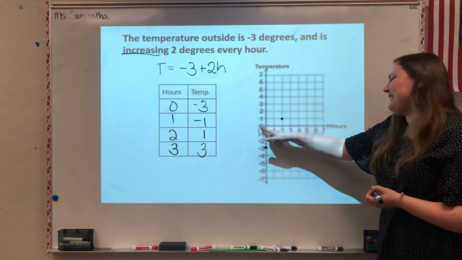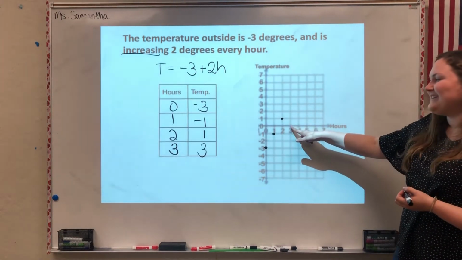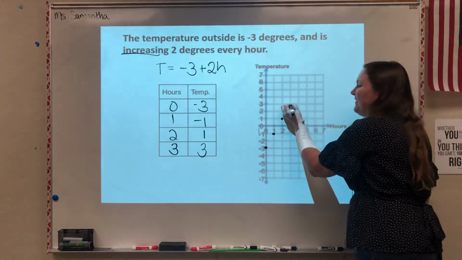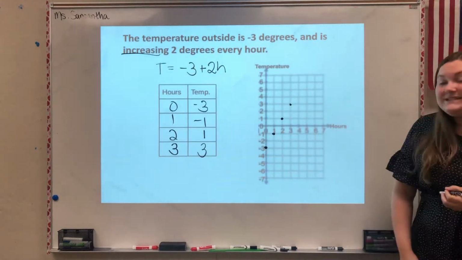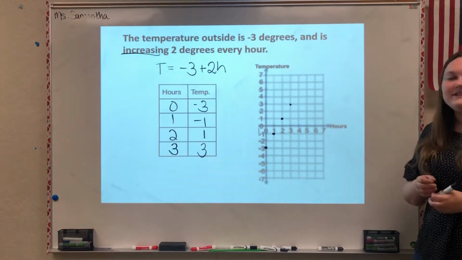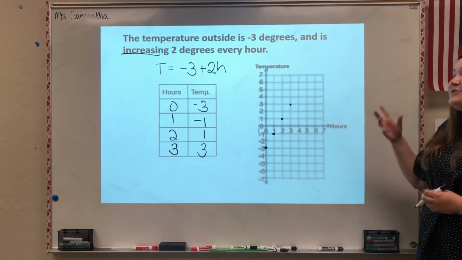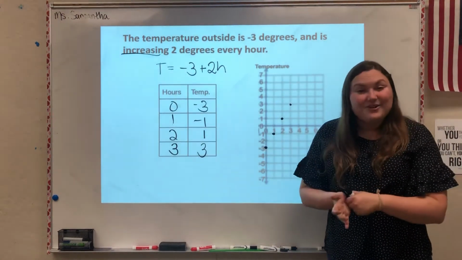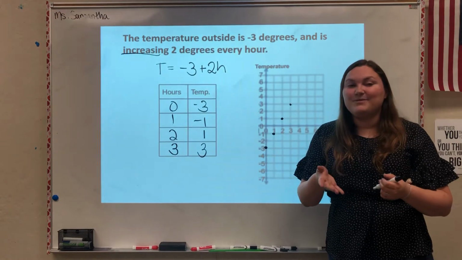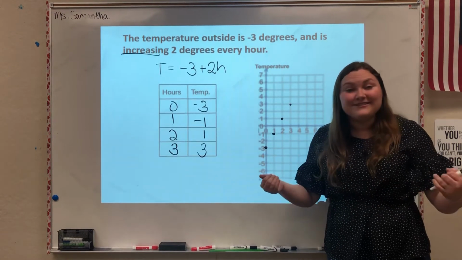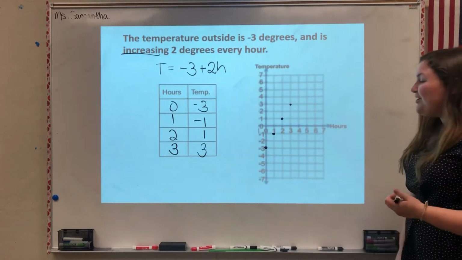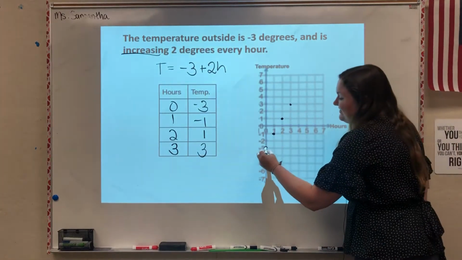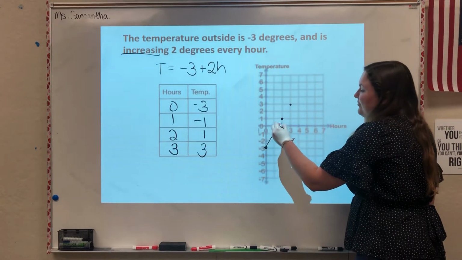And I could keep going, right? 3 hours, the temperature was 3 degrees. You obviously could plot more points if you want to, but notice I've got all these little points here. What I'm trying to do is relate this to linear equations, which remember we said a moment ago are lines, or straight lines on our graphs. So I'm just going to go ahead and connect all these points.